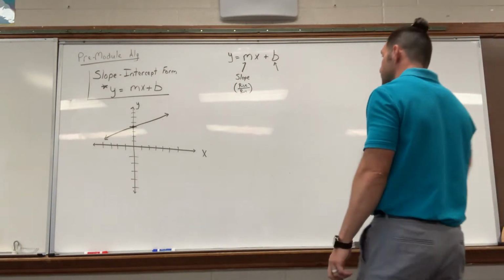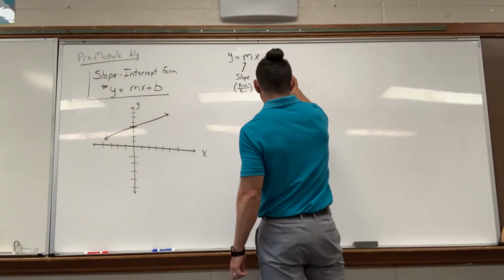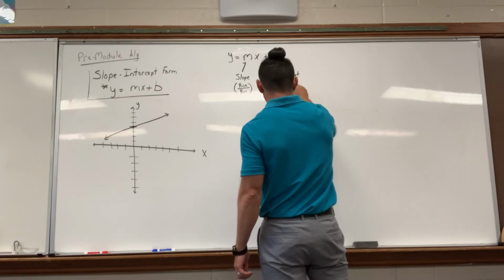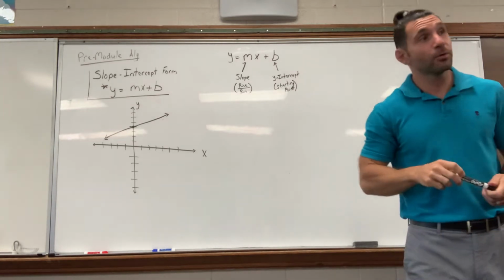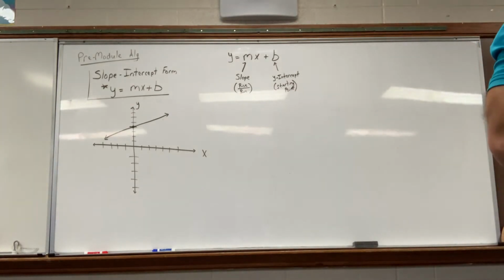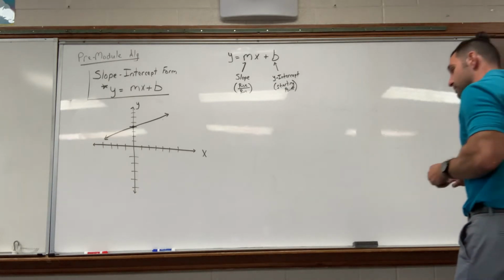The b is the y-intercept, which we will call the starting point. Now, today, we will not be graphing anything. Today, we're going to be dealing with literal equations and then just identifying the slope and the y-intercept.